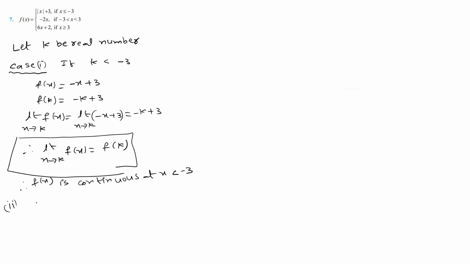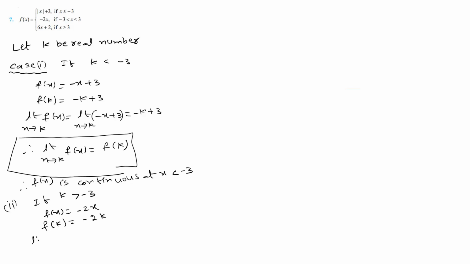Next, the second one is if k is greater than minus 3. So greater than minus 3 means we have to take minus 2x here. So f of k is equal to minus 2k.